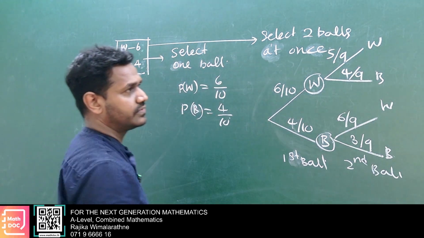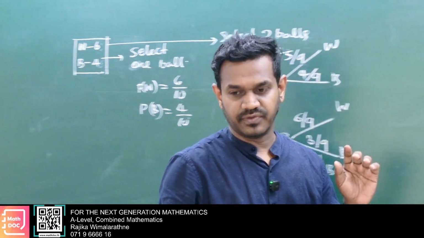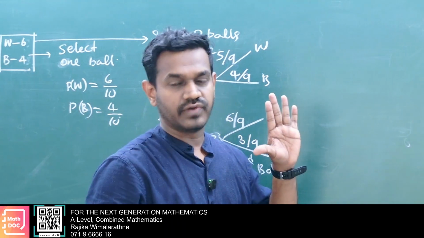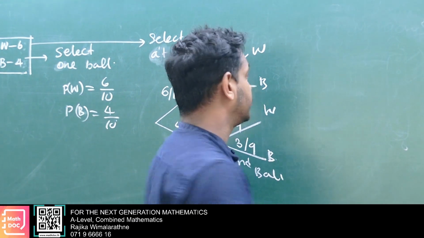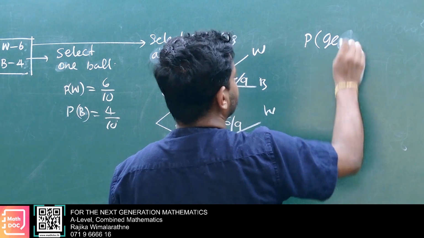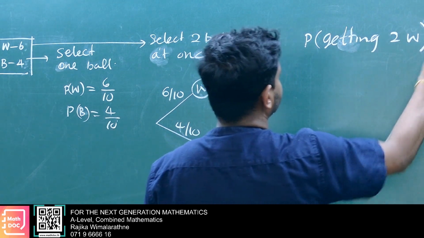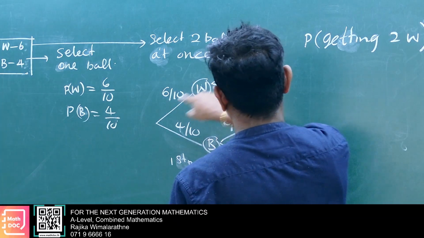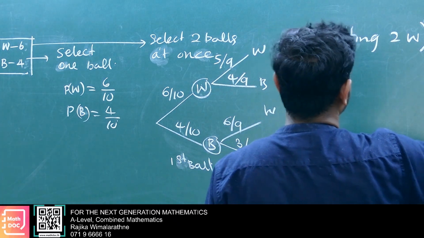So here we select only 1. Here we select 2. Then if you need to find the probability of getting 2 white balls, you can denote it this way. P of getting 2 white balls: here it is 6 over 10 times 5 over 9.